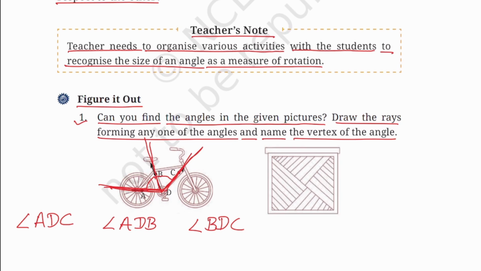Similarly, for the second picture, you can first mark the points and name the angles, vertices and arms.